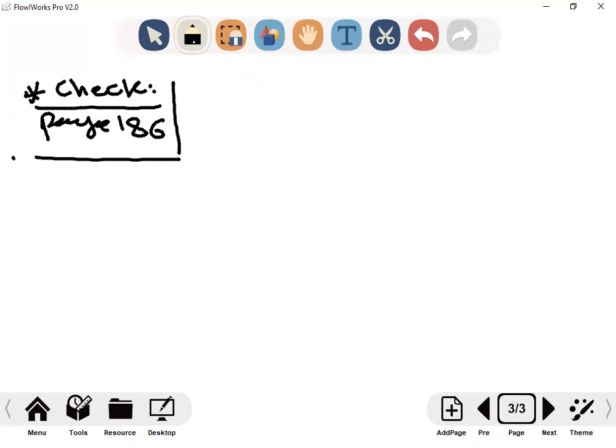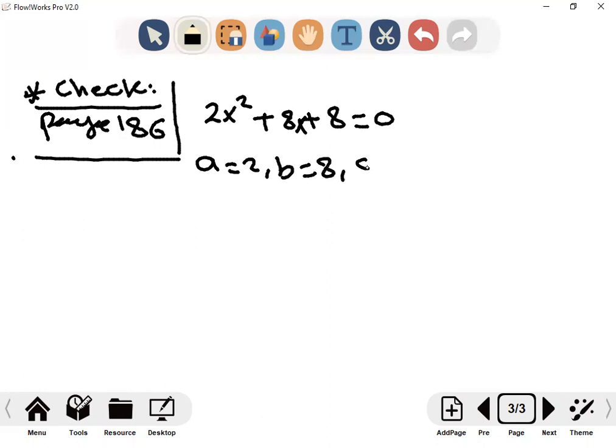Examine 2x power 2 plus 8x plus 8 equal 0. To examine, we need to know delta. Delta tells you everything. So here, A is 2, B is 8, C is 8, right?